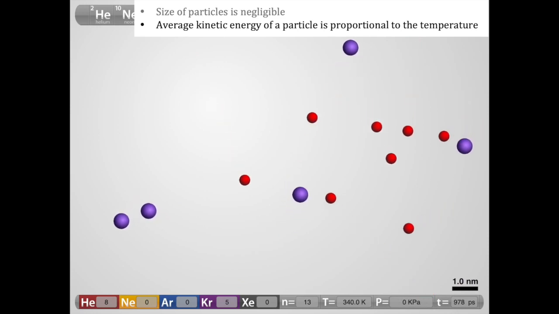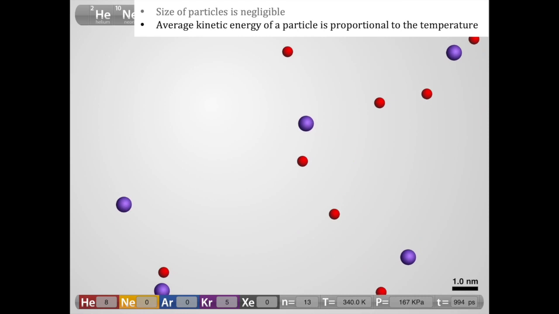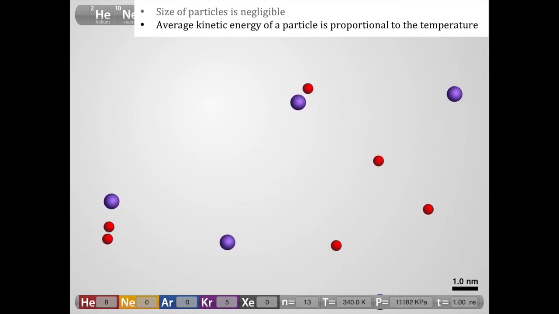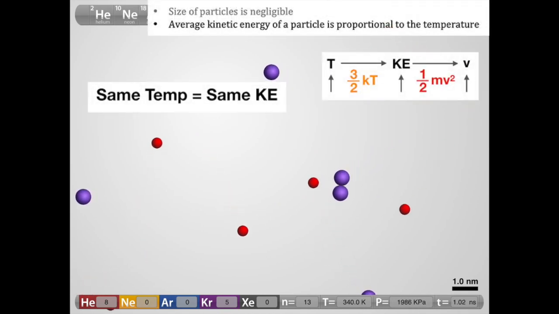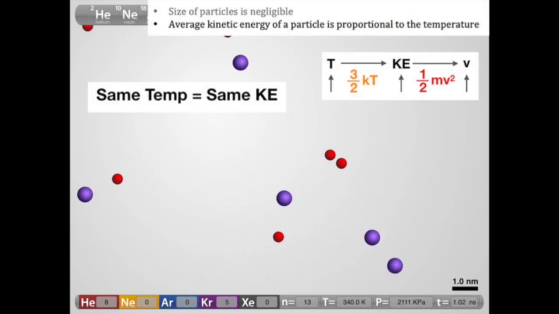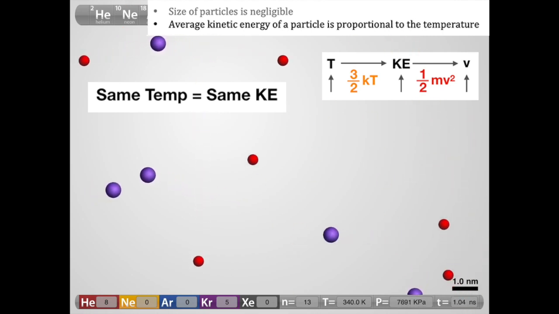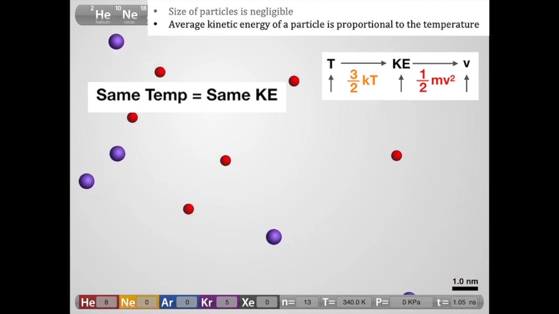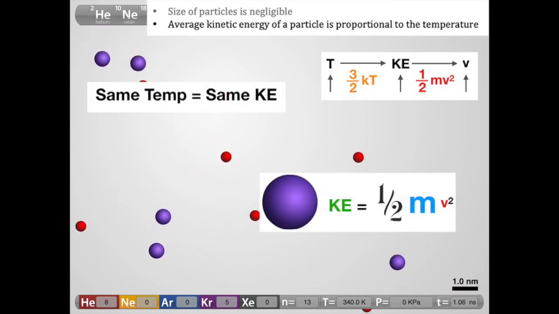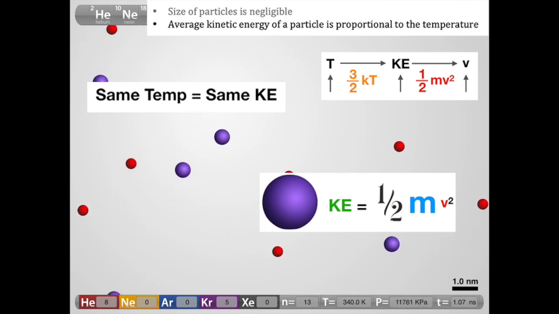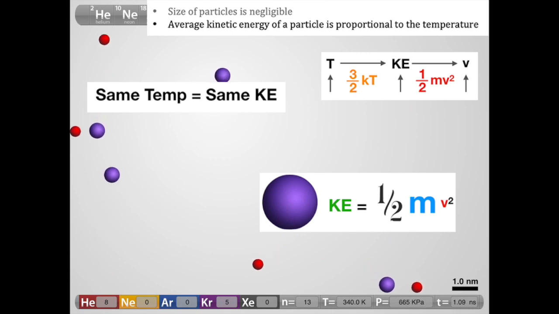Basically what will happen is that you can see the krypton purple spheres are moving slowly compared to the helium. Even though the kinetic energy of both is the same, it's important to note that krypton and helium here have the same kinetic energy. But the krypton is heavier, and therefore it must move slower in order to have the same kinetic energy, because kinetic energy is equal to half mv squared.